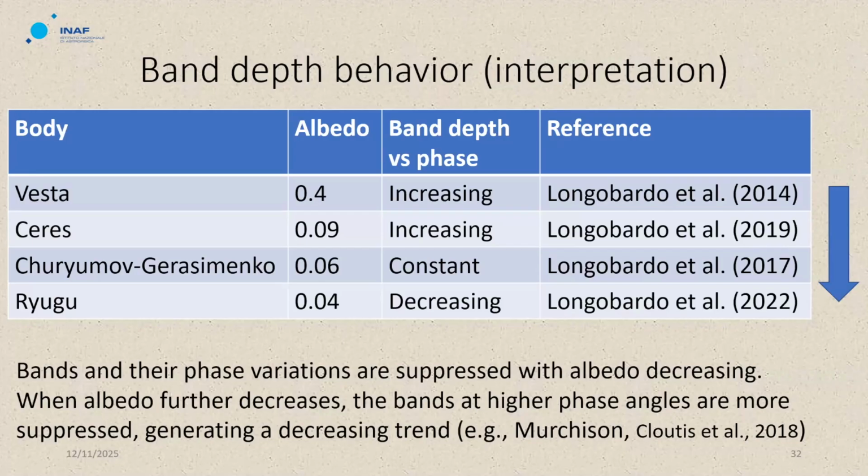So this generates a decreasing trend as observed in the case of Ryugu and confirmed also on meteorites. Murchison, which is darker than Ryugu, also shows a decreasing trend of band depth as a function of phase angle.